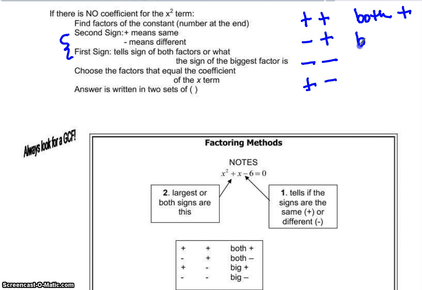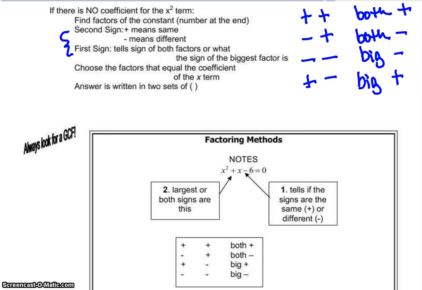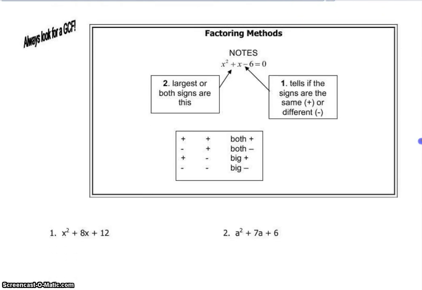Minus plus means that both factors are negative. Minus minus means that the big factor is negative, and plus minus means that the big factor is positive. Okay? That's a summary of it, but it's a lot faster in the long run to just memorize the rule. So, always look for your greatest common factor and then start factoring.